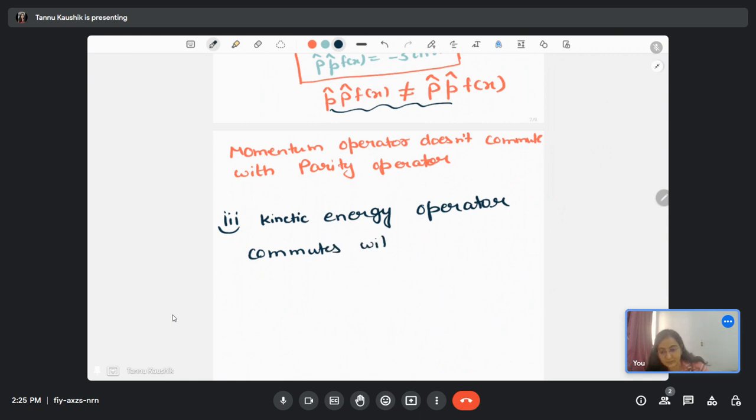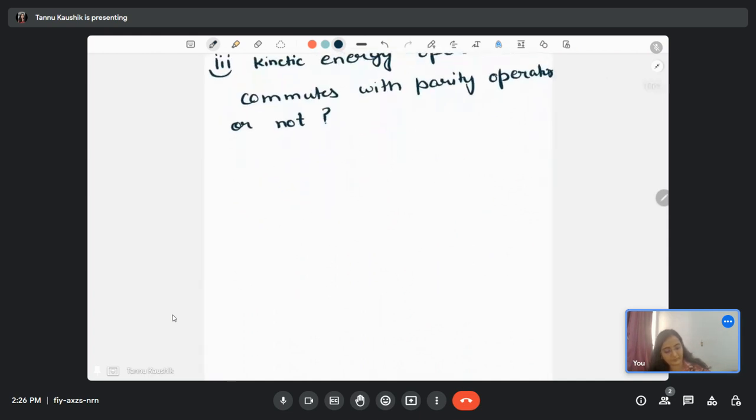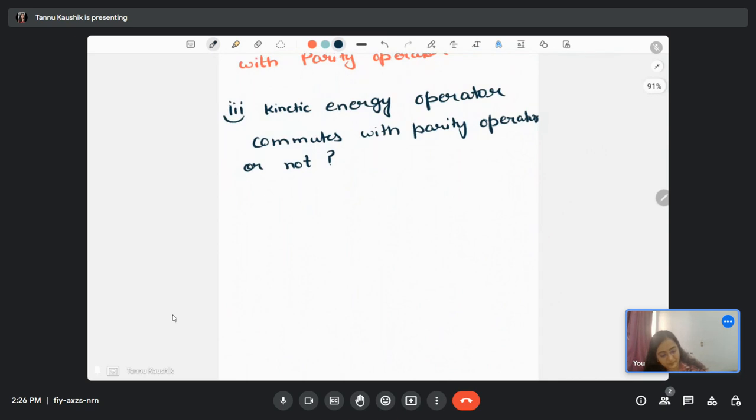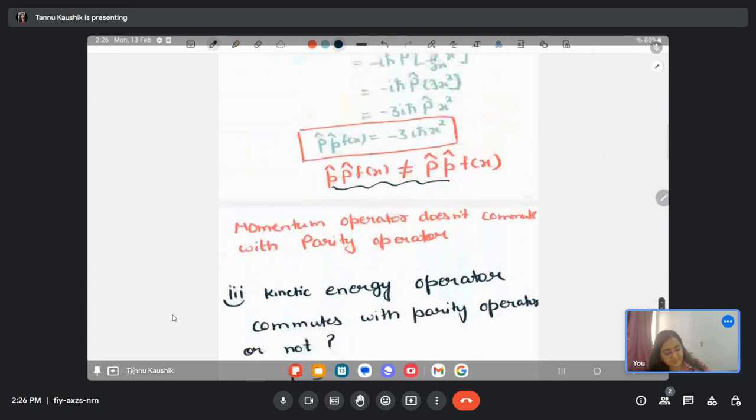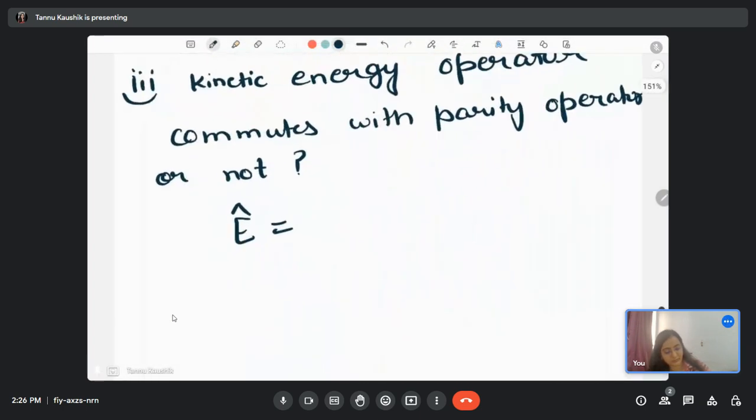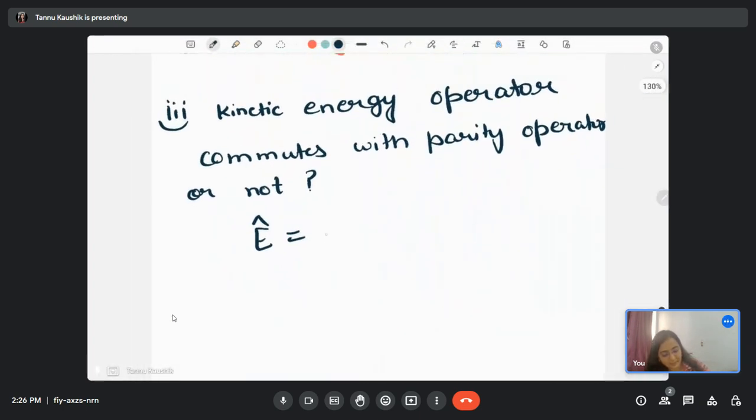So now let us check whether the kinetic energy operator commutes with the parity operator or not. So what is the kinetic energy operator?